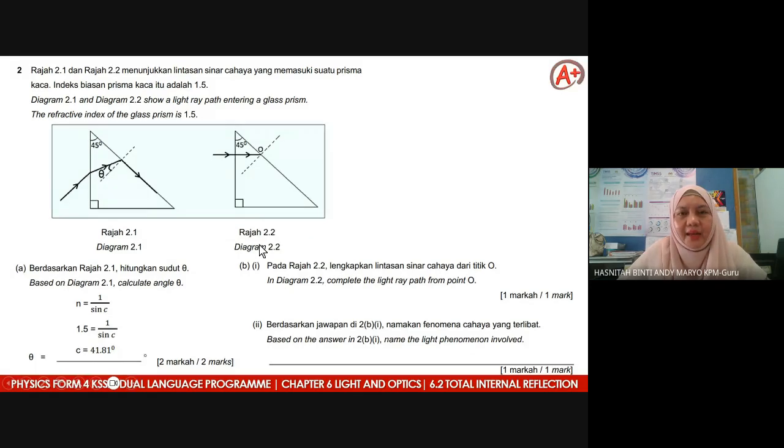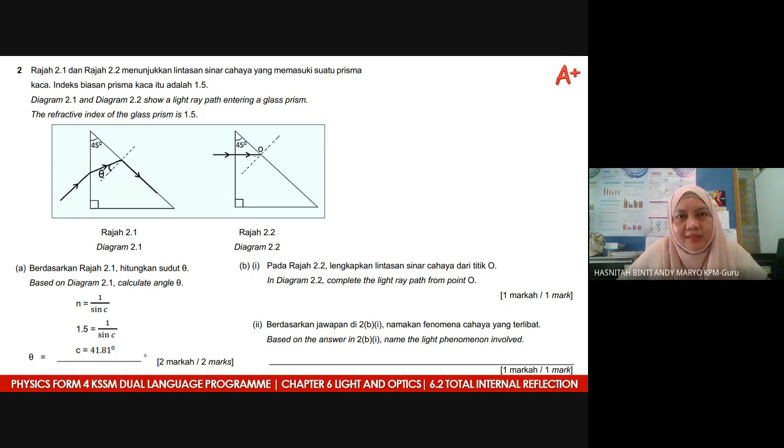Then in diagram 2.2, you have to complete the light ray path from point O. So what happens after point O, students? Is it refracted away from the normal, or will it experience total internal reflection? We check the angle of incidence.